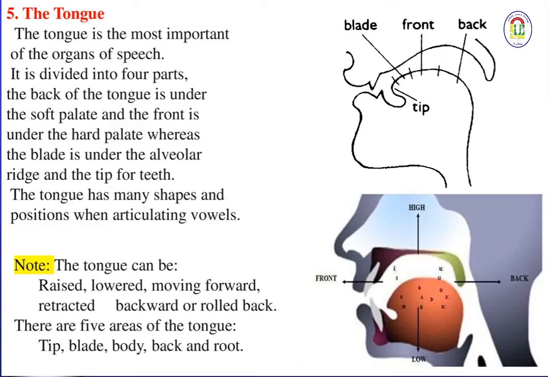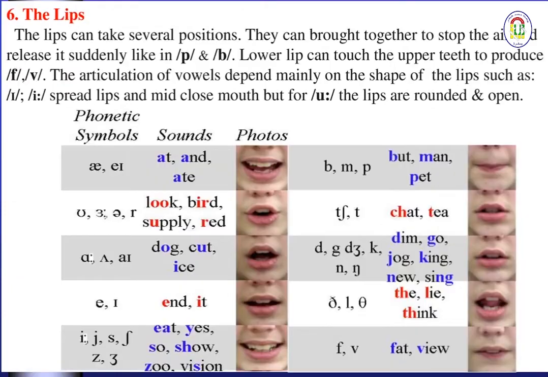And it is lowered when you produce low vowels. Remark, the tongue can be raised, lowered, moving forward, backward, or rolled back, like when we produce the R sound. There are 5 areas of the tongue: tip, blade, body, back, and root.